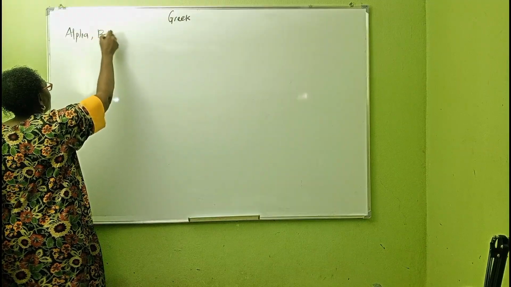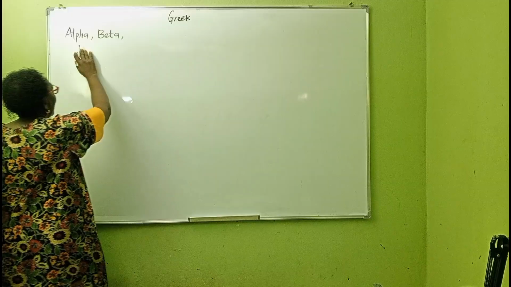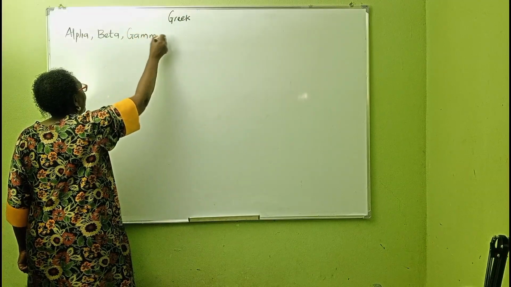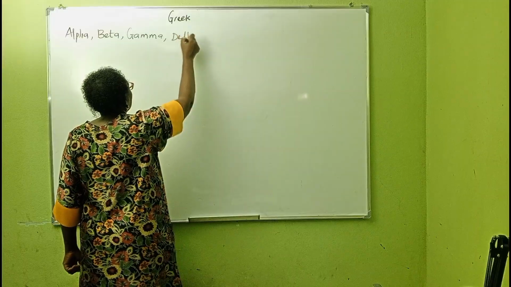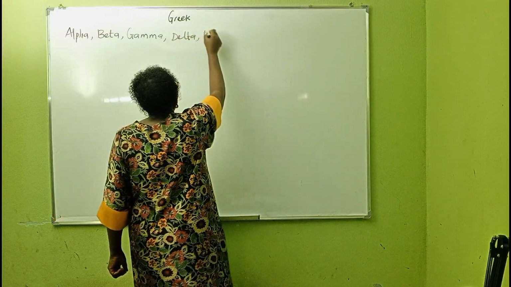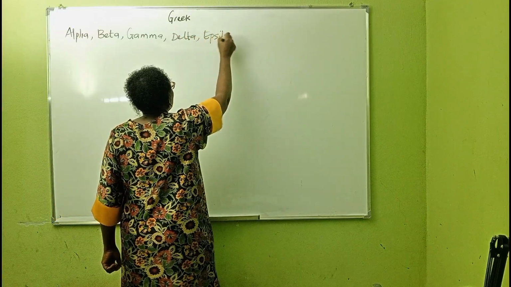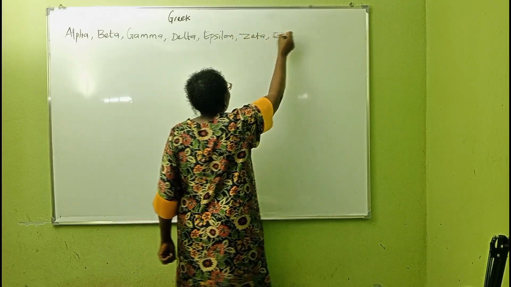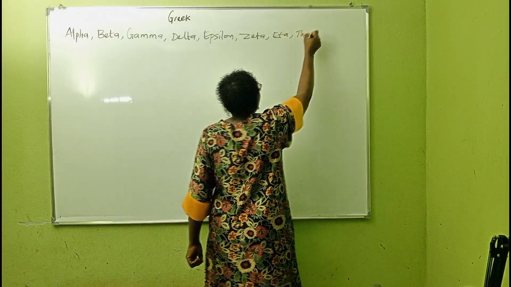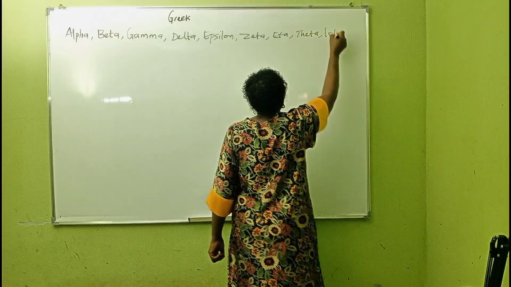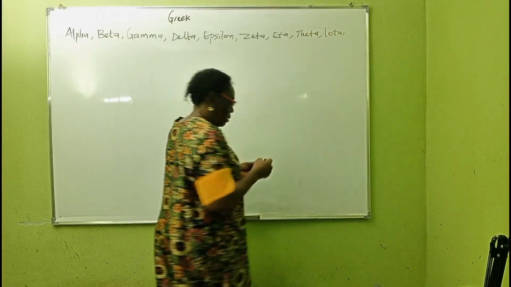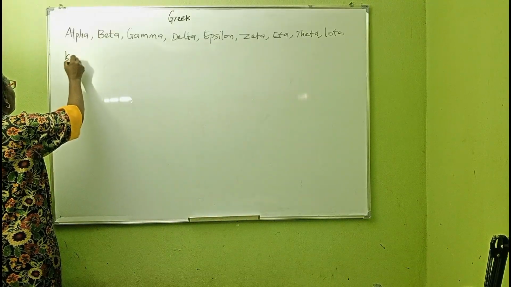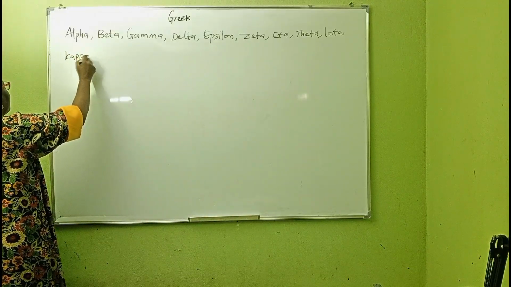The second letter is beta. Alpha, beta, gamma, delta. That's delta is the epsilon, zeta, eta, theta, iota, kappa, lambda.